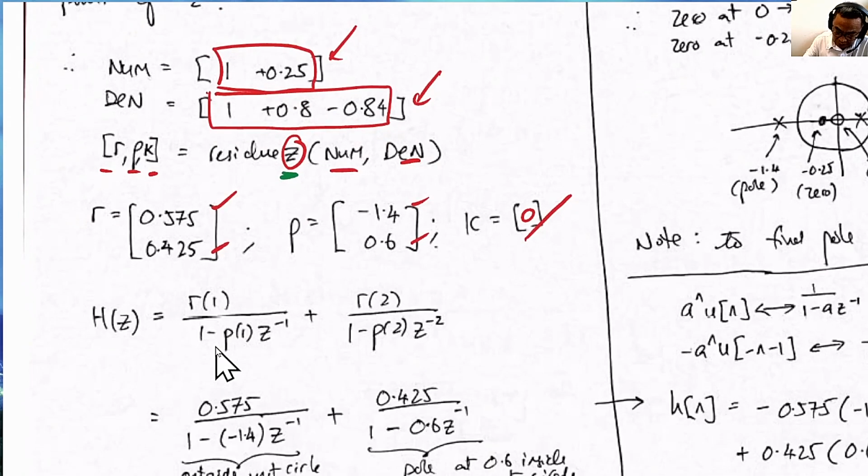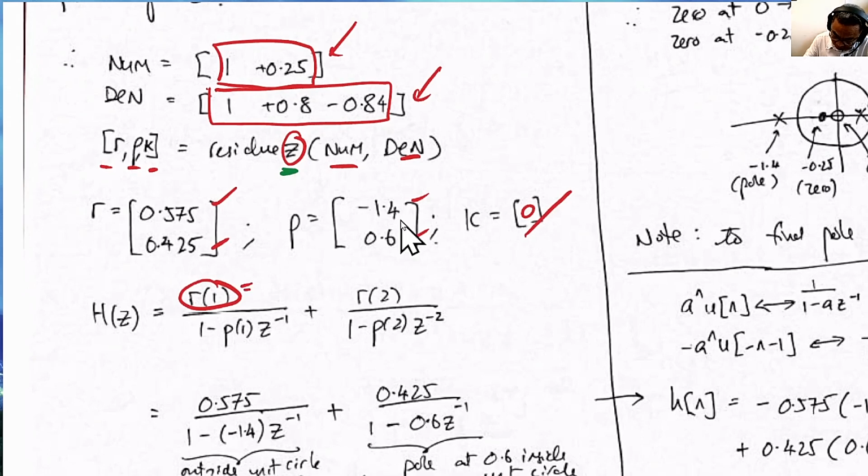So remember, when you use r, p, k, the first r goes to here, 0.575. The first p goes to here, 1 minus 0.425 z to the minus 1. The second one, r is 0.425, goes to here, and the other p is 0.6. Oh, sorry, I made a mistake. This is 0.575.